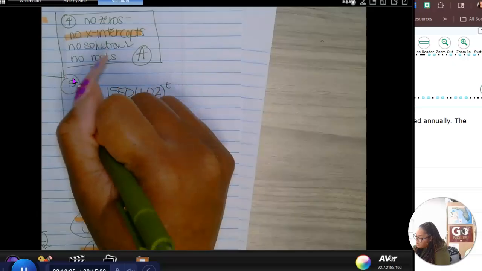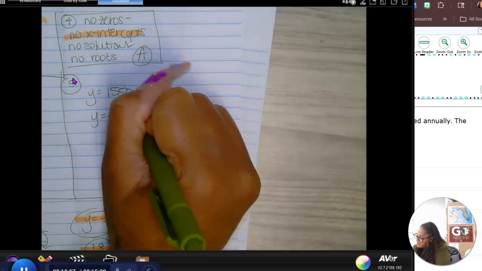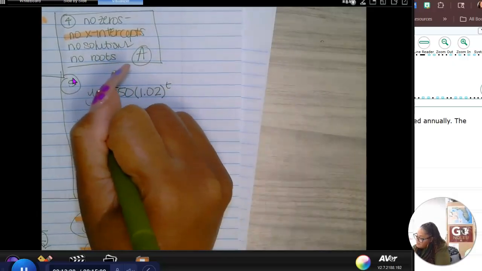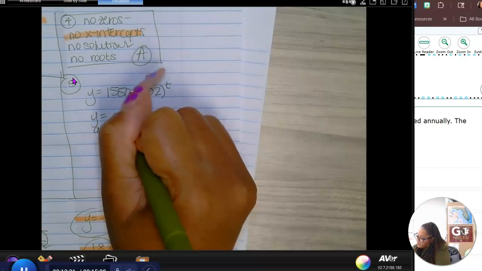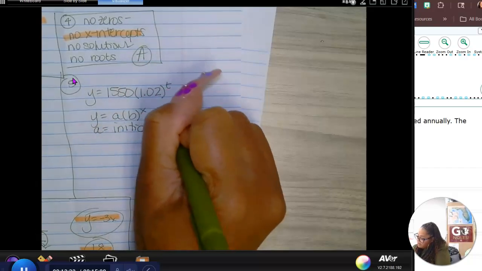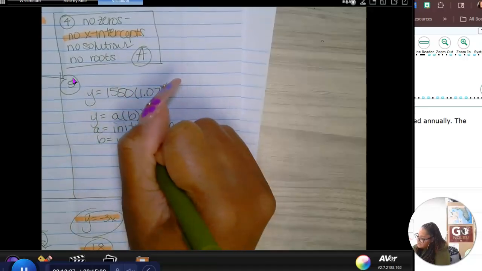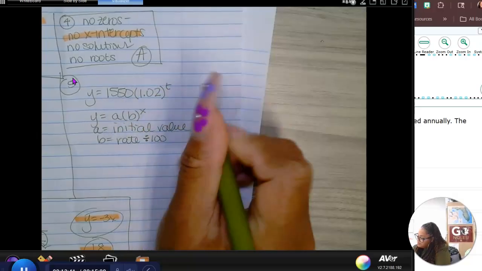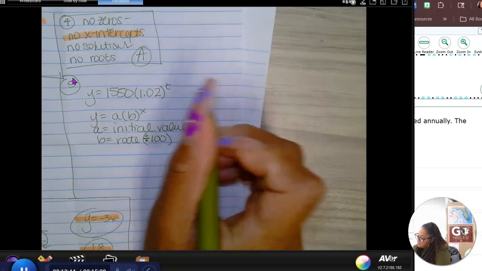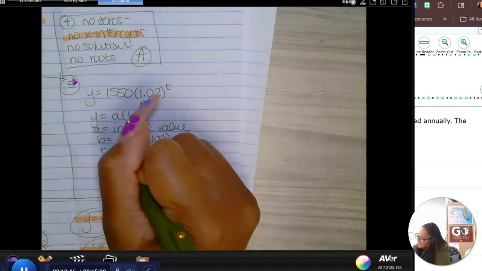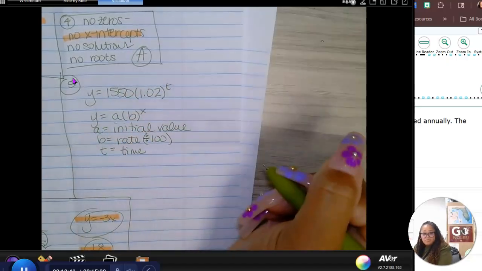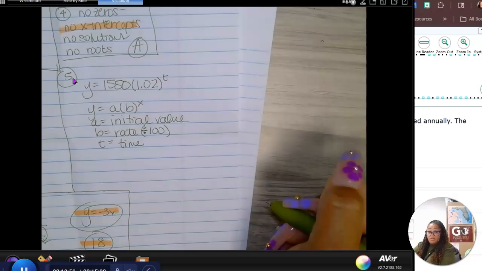So in y equals a times b to the x form, a is my initial value. This is what I start with. B is a rate, and it's divided by 100. And t is a time that I raise it to a power of.